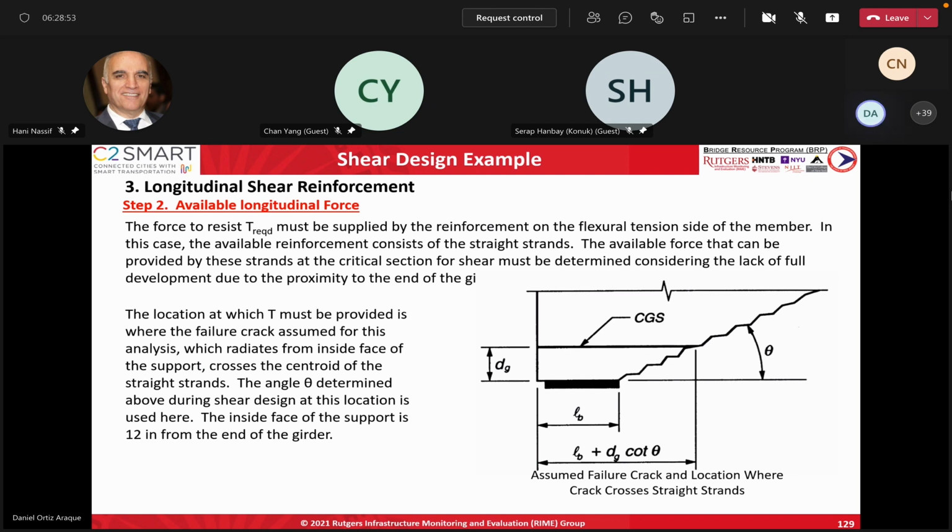In this case, the available reinforcement consists of straight strands. So the available force can be provided by this strand at the critical section for shear, but it must be determined that there is a lack of full development due to the proximity to the end of the girder. So we need to check if we need to provide just mild reinforcement for the longitudinal part, or if the strands are enough to resist these forces.